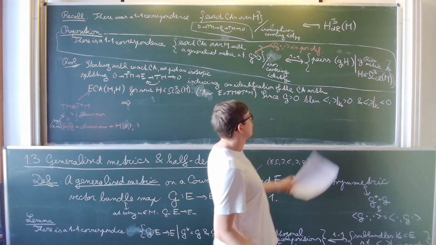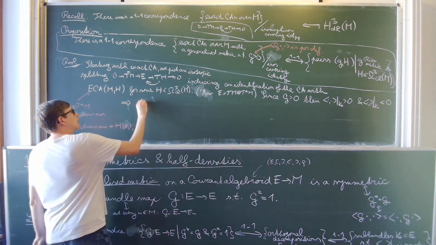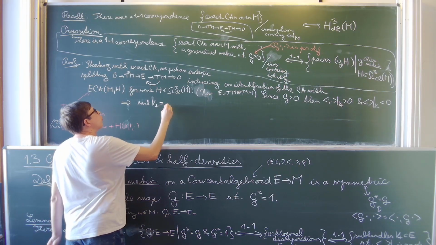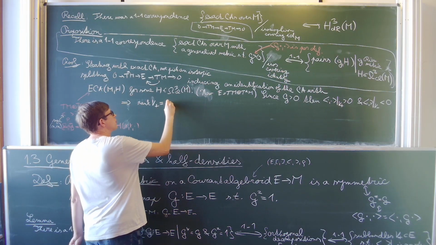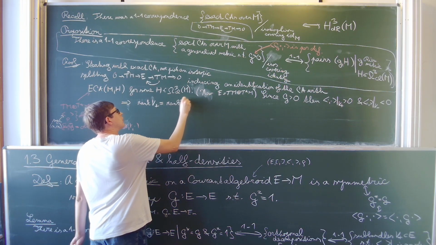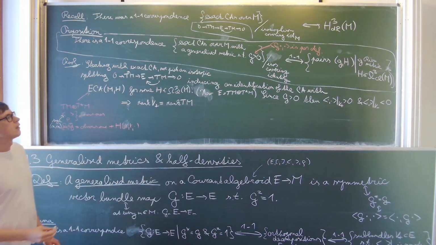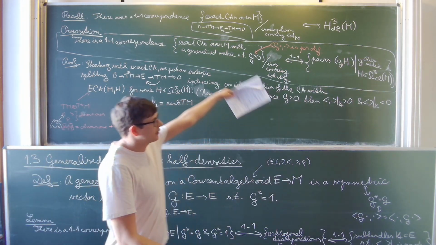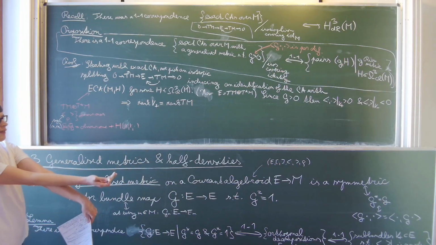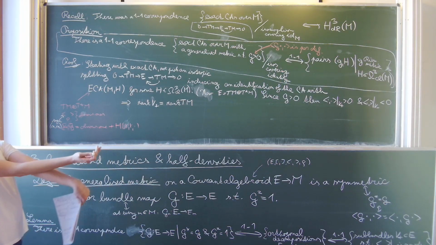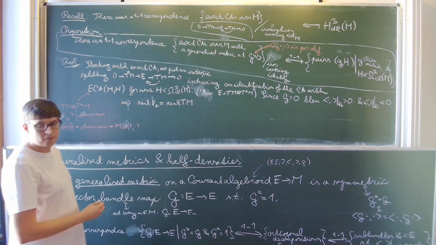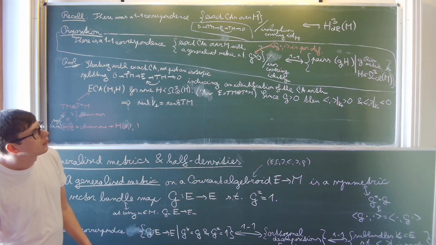So the conclusion I want to draw from all of this is that the rank of V plus is the same as the rank of Tm. So such a generalized metric on a current algebroid precisely splits it into two orthogonal subbundles which have the same dimension, which is the dimension of Tm.